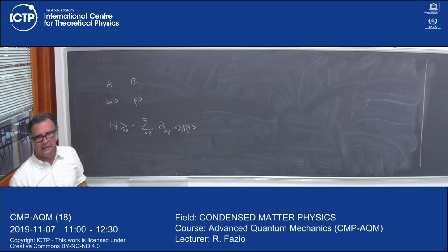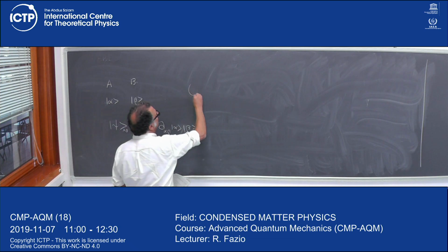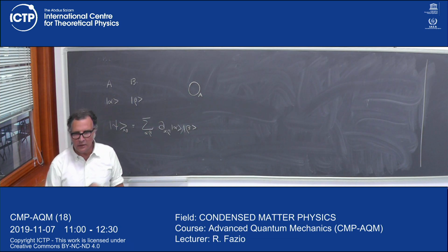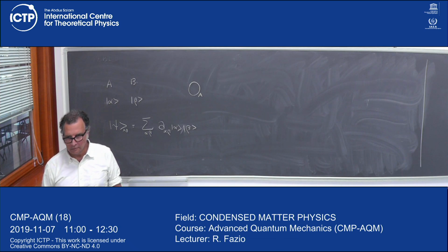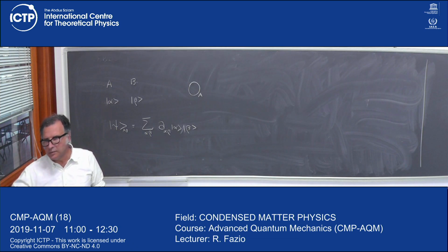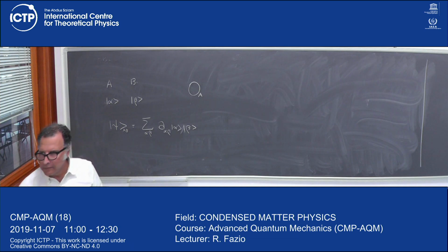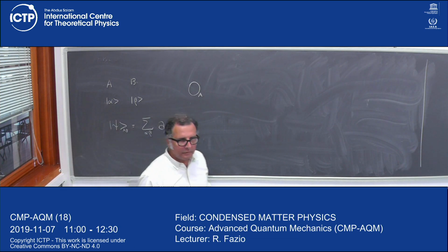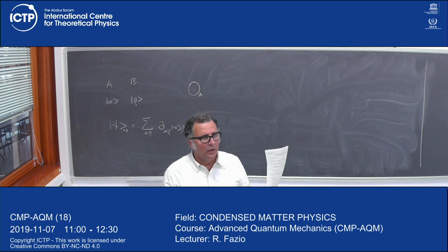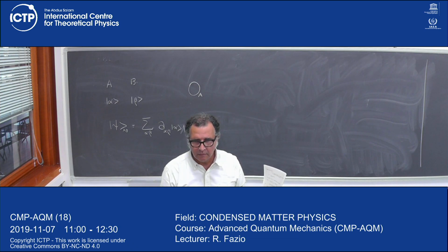Now I consider an observable O, which is related to the system A. For instance, in the case of spin, I want to know the sigma z of the first spin. Now, this is a state, not a density matrix. My question is, how do you compute the average value of O on the state psi?